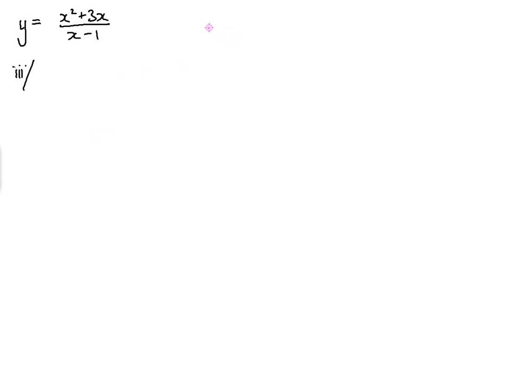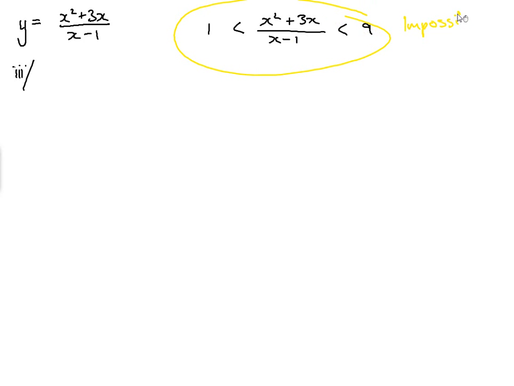Basically, we're asked to show that 1 less than x squared plus 3x over x take 1, which is less than 9, is impossible.